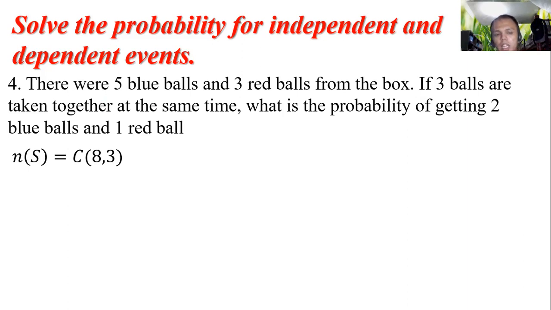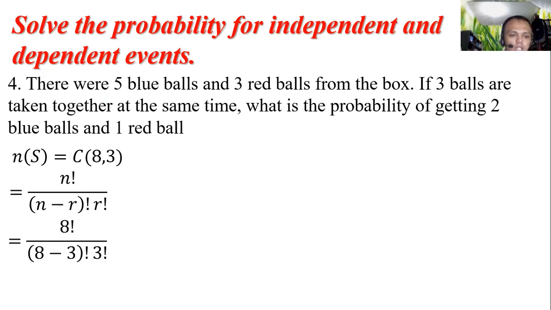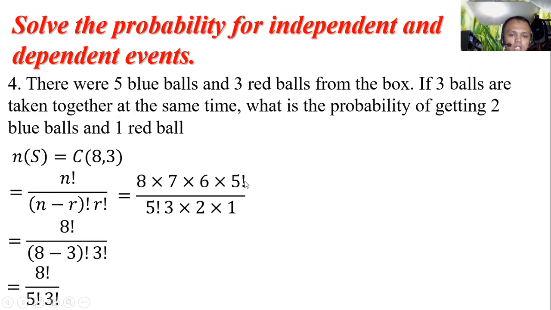So kinuha siya ng sabay. Now, substitute natin, we have 8 factorial over by 8 minus 3 factorial times 3 factorial. 8 minus 3 is equal to 5 factorial, no? Then expand natin, cancel out yung 5 factorial. 8 times 7 times 6 is equal to 336. 3 times 2 times 1 is 6. 336 divided by 6 is equal to 56.